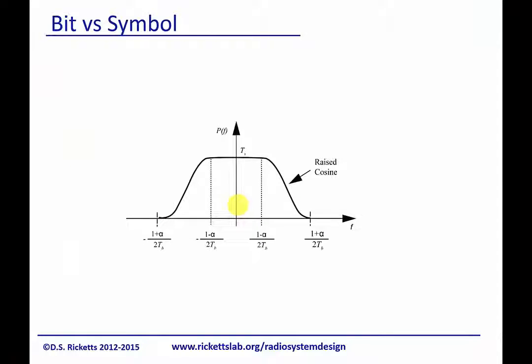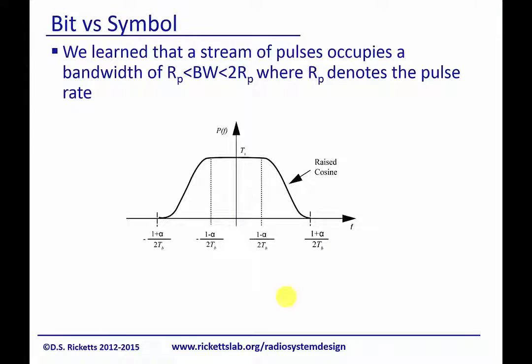All right, talking a little bit about bits versus symbols, we learned that a stream of pulses occupies a bandwidth of RP to 2RP, where RP denotes the pulse rate, and RP relates to 1 over TP.